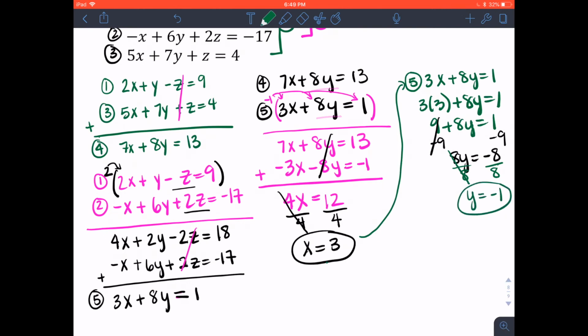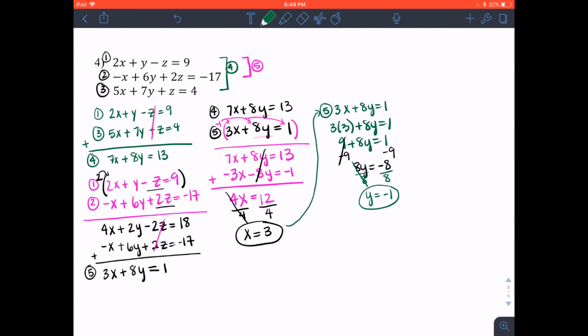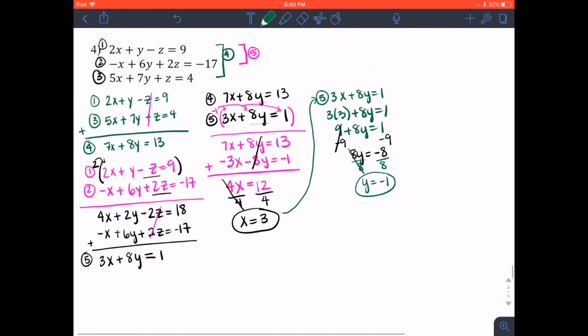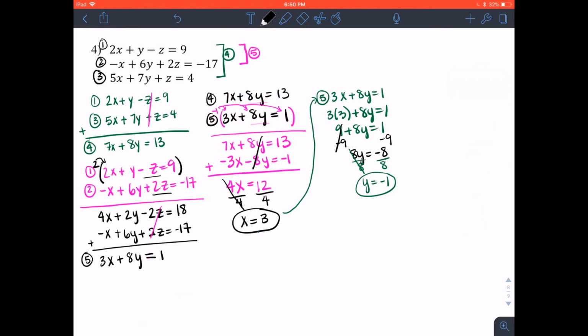So now that I have two variables, remember now I can use either equation 1, 2, or 3. So I'm going to go ahead and use equation 1. It doesn't really matter as long as you choose one of the three. So I'm going to do it down here. This is going to be equation 1. And equation 1 is 2x plus y minus z equals 9.